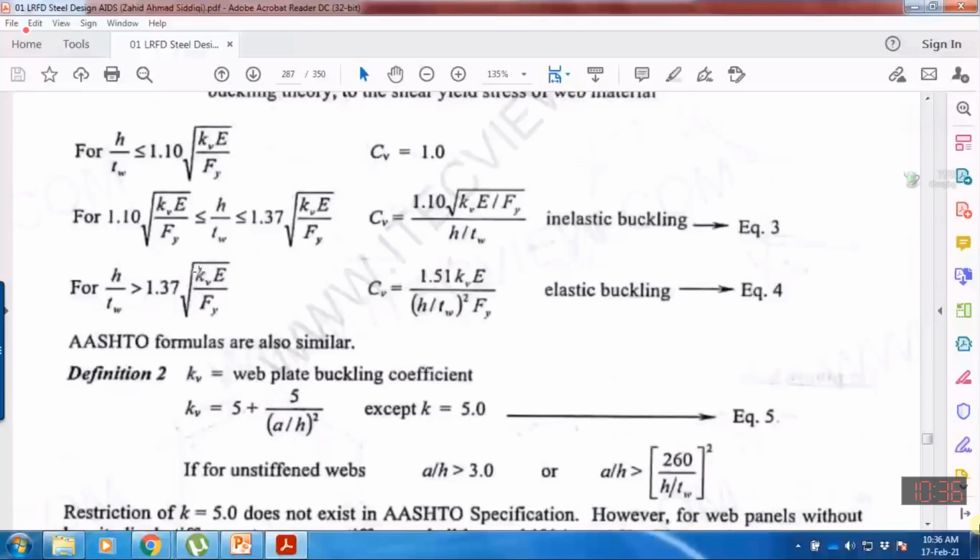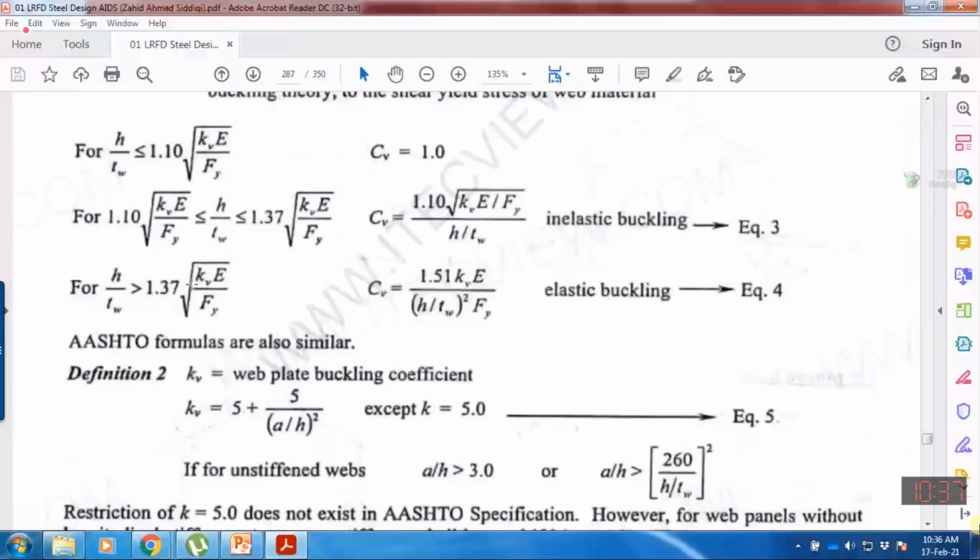So the expression for kv value equal to 5, which is for the case if we are not providing stiffener, this parameter will become 1370 under root Fy.